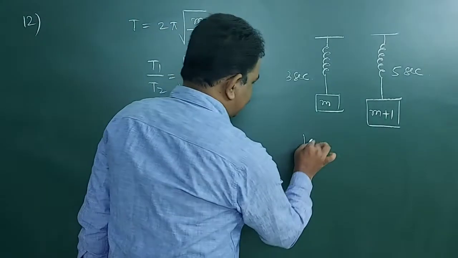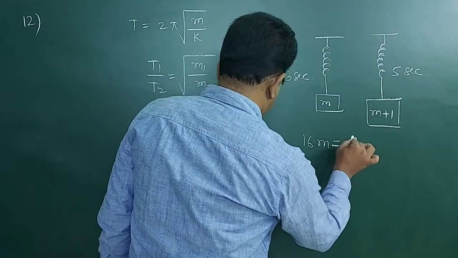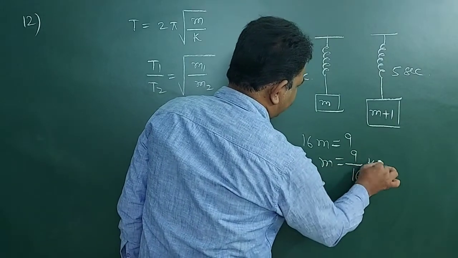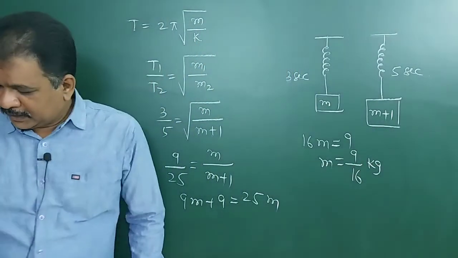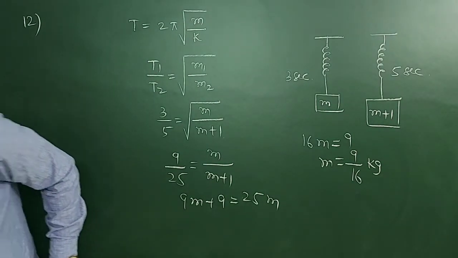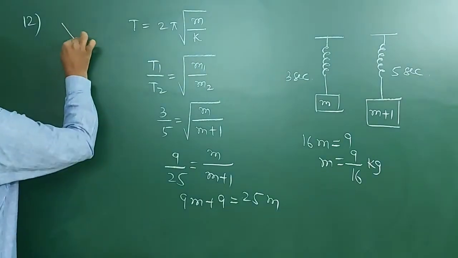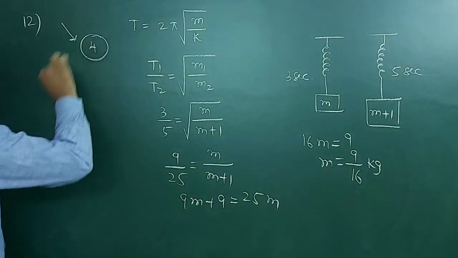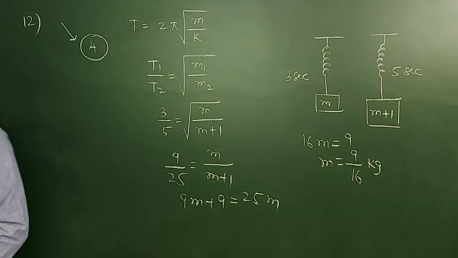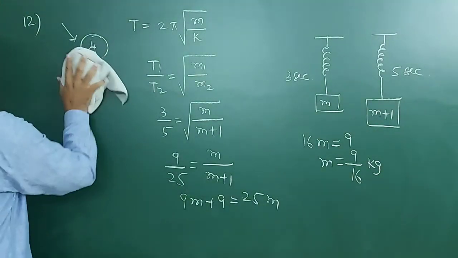So 16m is equal to 9. m is equal to 9 by 16 kg. Okay. So for the 12th question, it will be the 4th option. Next, see question number 13.